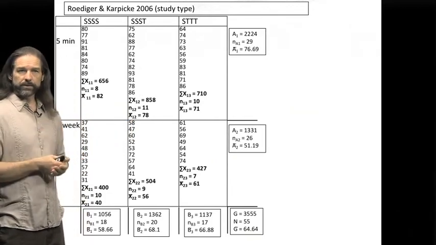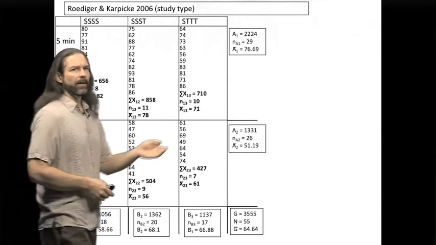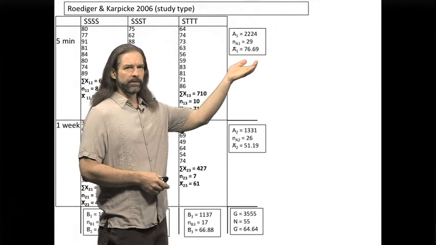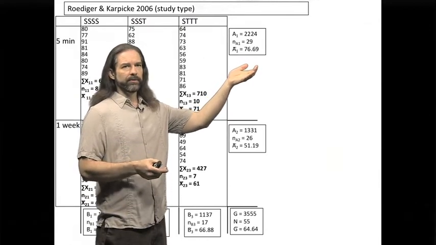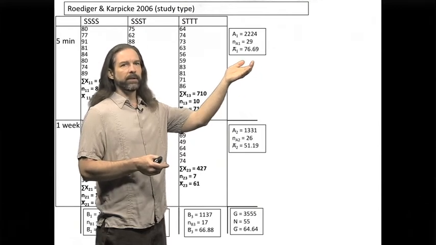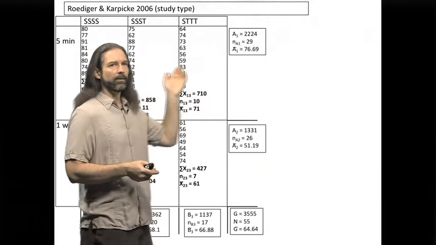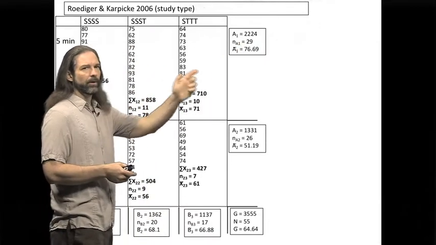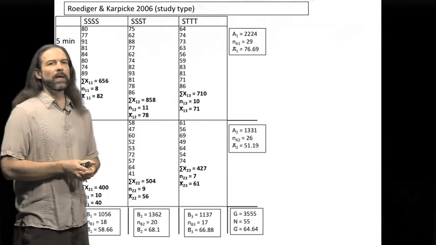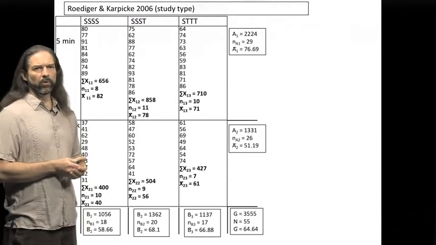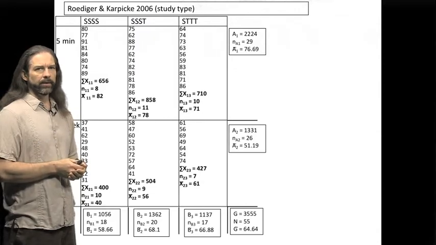Cells, rows. Now I need to do the same thing, but I'm dealing with rows. I need to calculate my first set of marginal means, and this is going to be, again, factor A, my rows. So instead of using the x variable, we're going to the A variable. A is just the sum of all the observations in the entire row. If I add up all of the values in the 5-minute condition, that gives me 2,224. As you notice, I've got an n over there, n sub A1, that's 29.